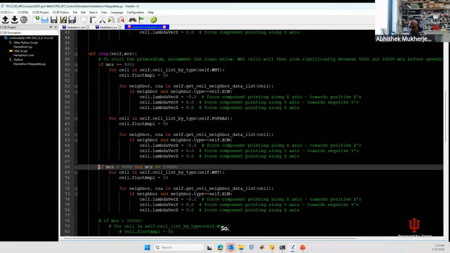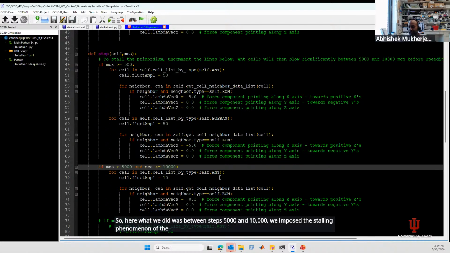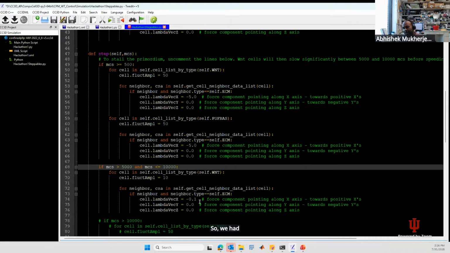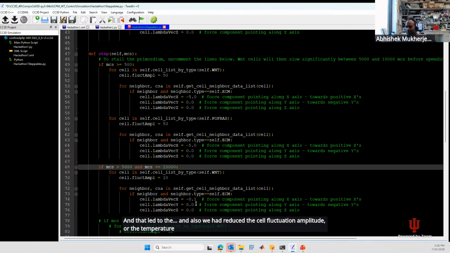Between steps 5,000 and 10,000, we imposed the stalling phenomenon of just the Wnt cells. We drastically reduced Wnt cell migration, and we also reduced the cell fluctuation amplitude, or the temperature, to 10.